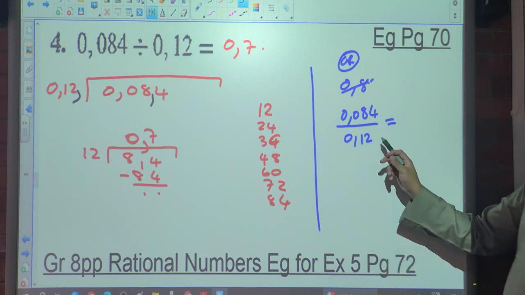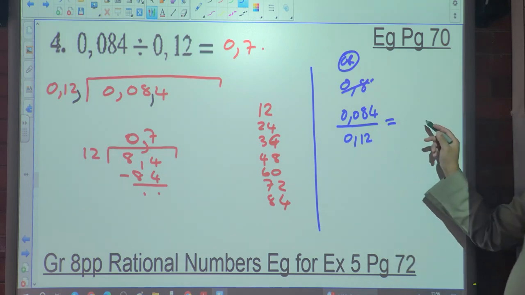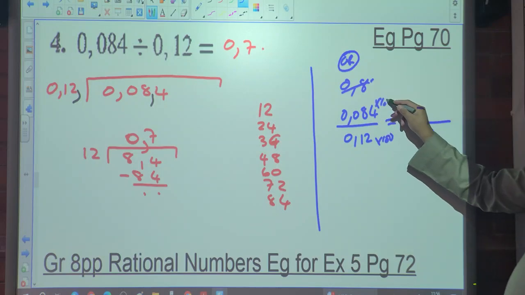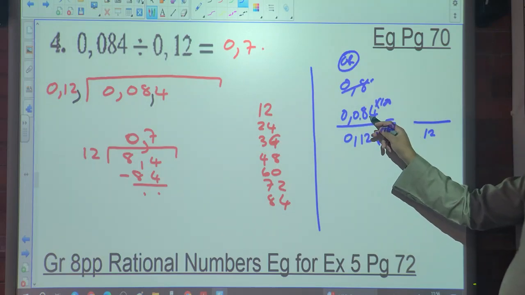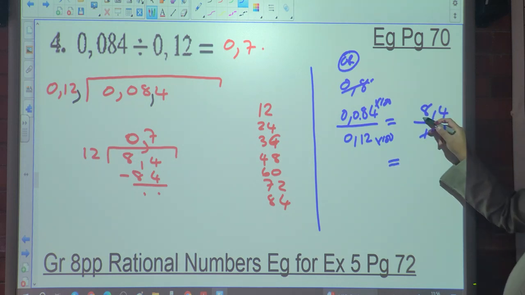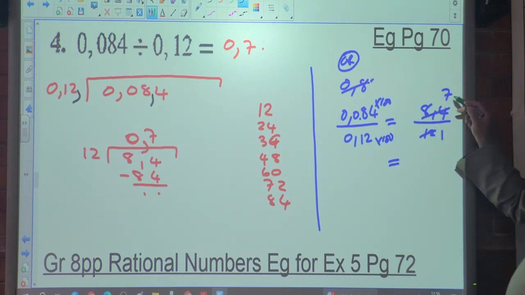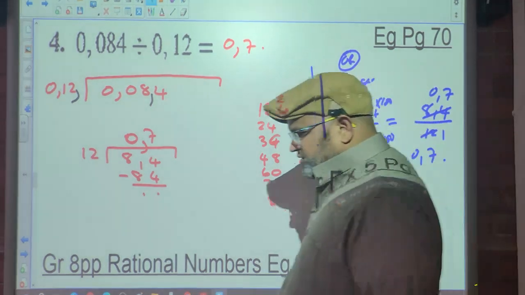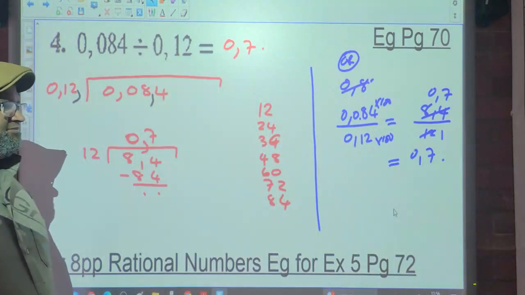Why 100 in particular? Because I want this to be an integer. So multiply that by 100. 100 will allow the comma to move 2 units, so it's 8,4 over 12. So 12 goes into 12 once, 12 going into 84, 7 times. So because of the comma, we know it's going to be 0,7.